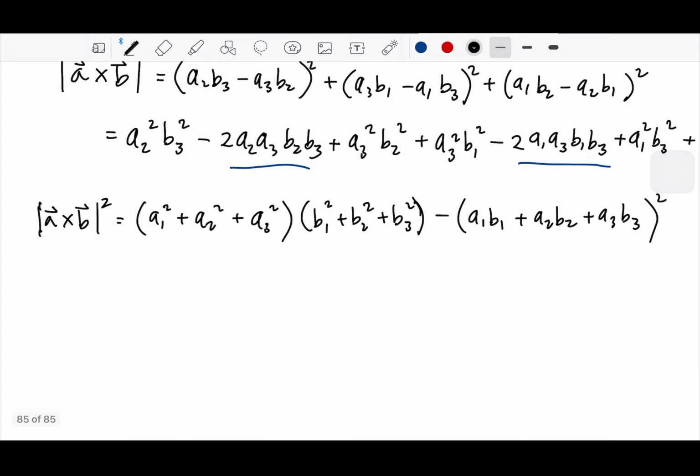Yeah, for three components, the quadratic seems a bit complicated. But anyway, we can simplify this.